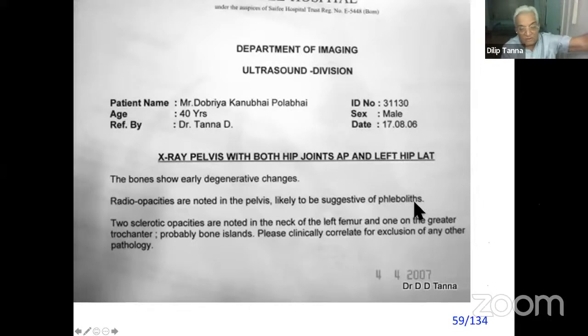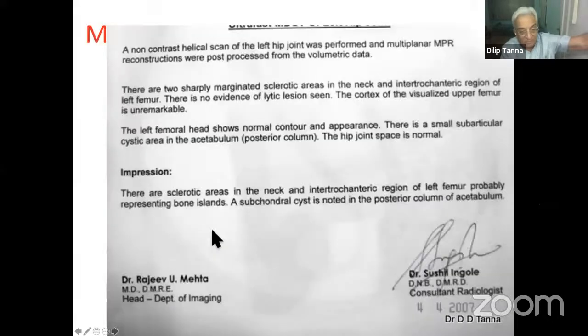So that means basically X-ray was negative. A non-contrast helical scan was done. The impression: there are sclerotic areas in the neck and intertrochanteric region of the left femur, probably bone island. Subchondrosis is noted in the posterior column of the acetabulum.